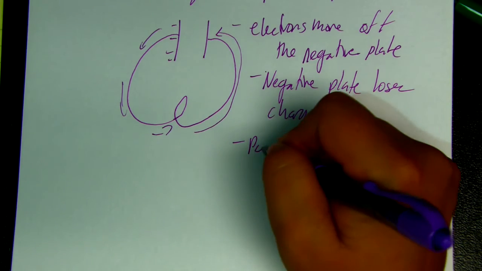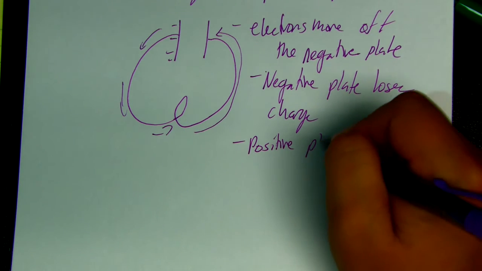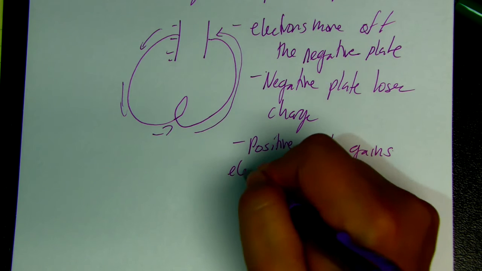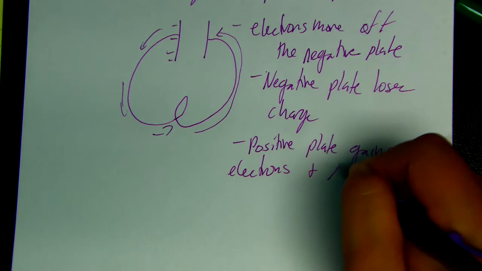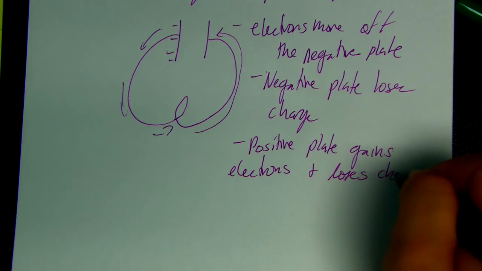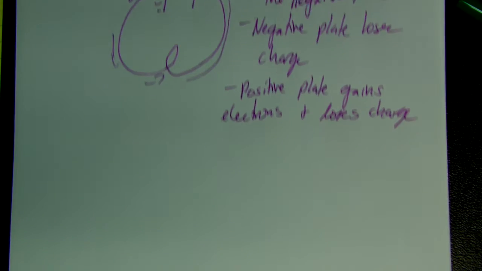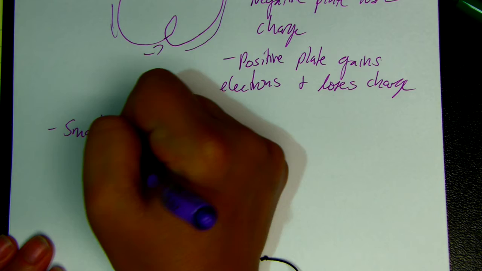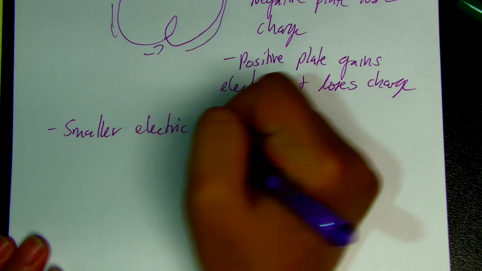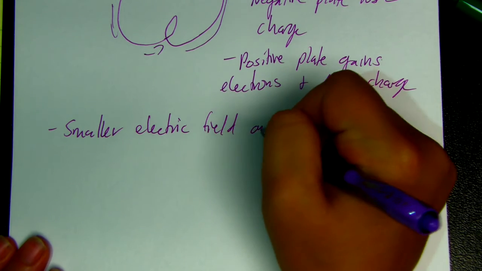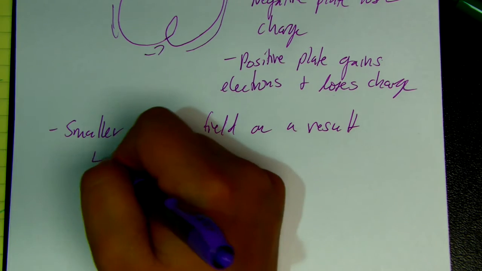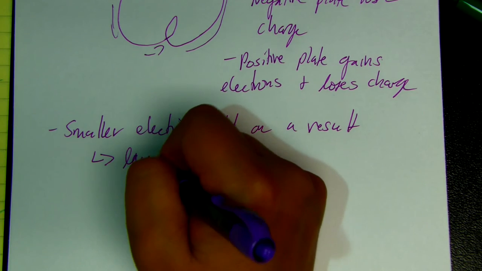And then the positive plate gains electrons and loses charge. And so you start to get a smaller electric field as a result. And when you have a smaller field, you have less current.